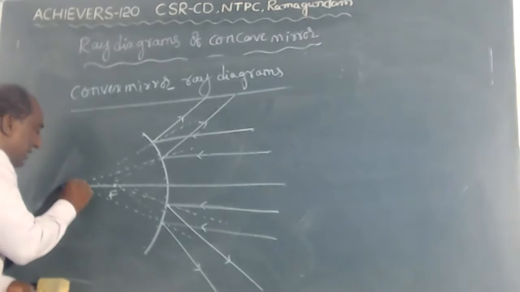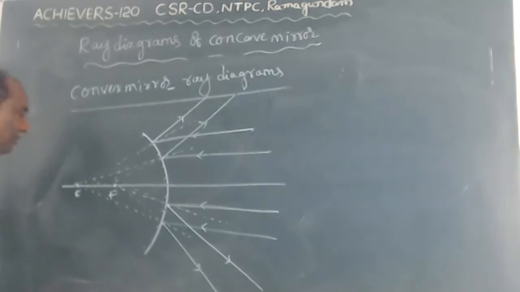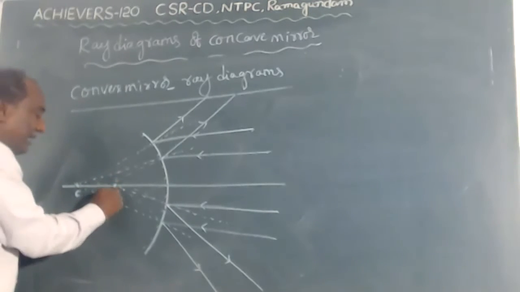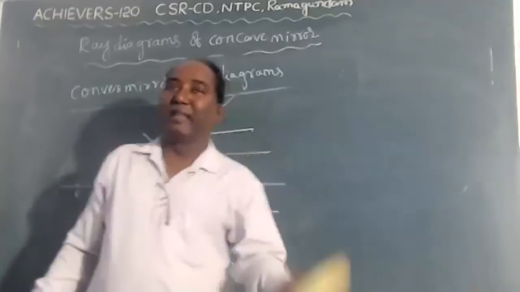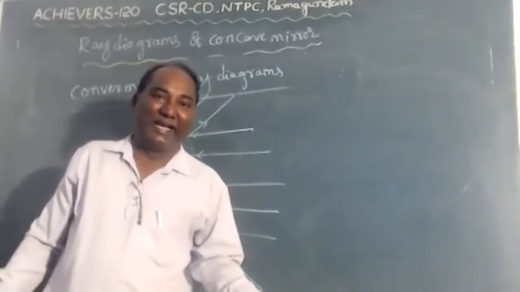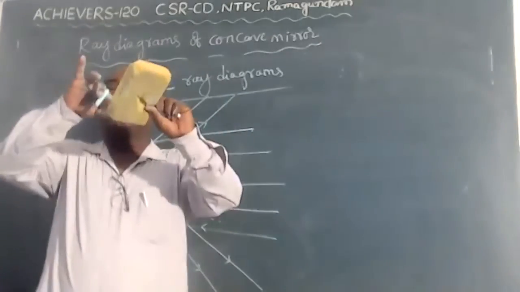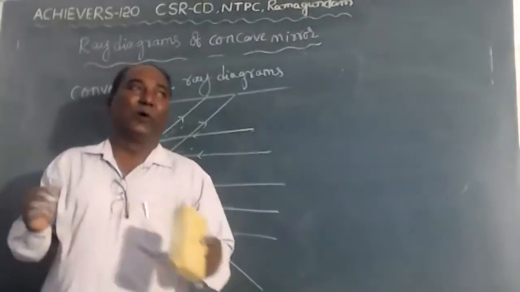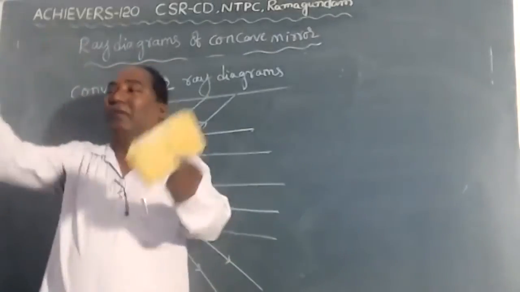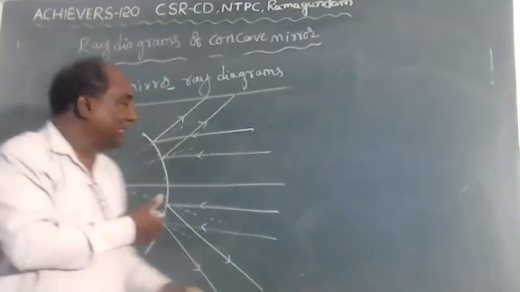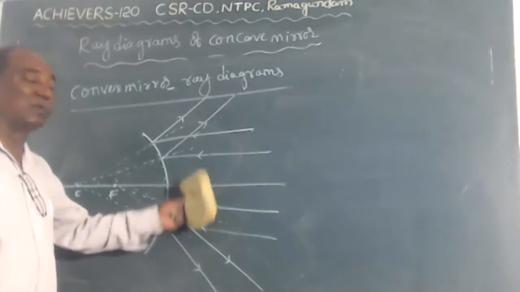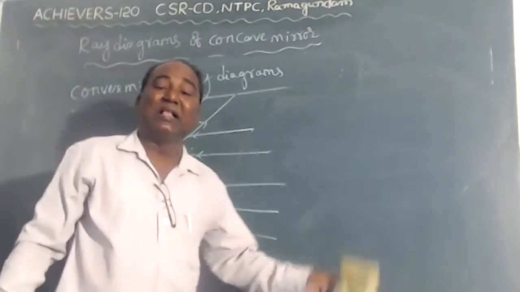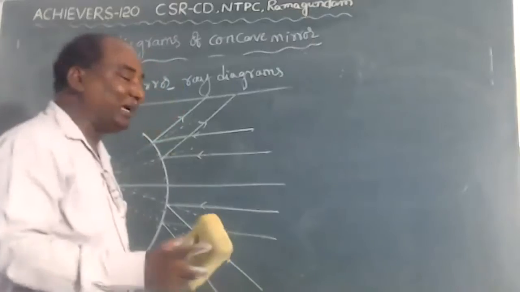All the normals are intersecting on C. All the reflected rays are intersecting on F. So here the convex mirror is a diverging mirror. Always it forms a virtual image because the reflected rays are not intersecting at any point. When the reflected rays are extended behind the mirror, they intersect at the point F. So that's why a convex mirror always forms a virtual and diminished image.